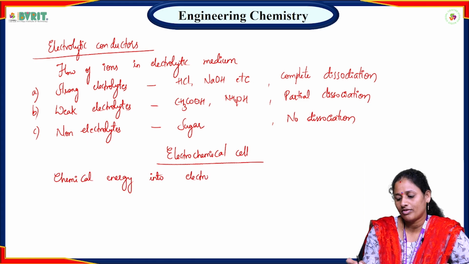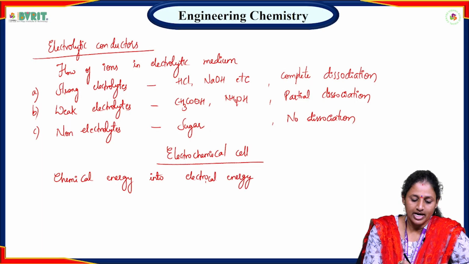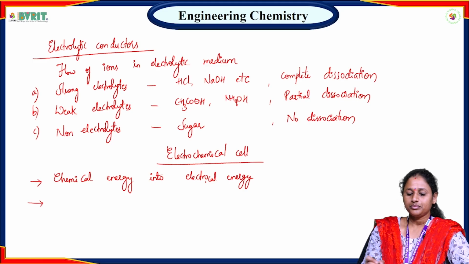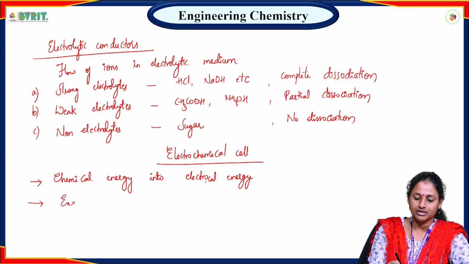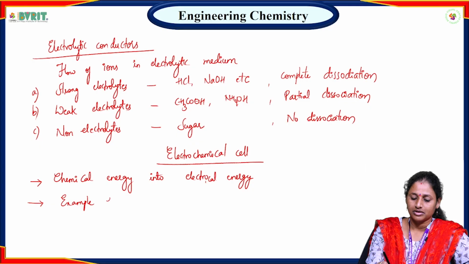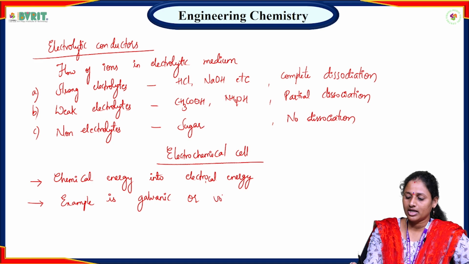So production of electricity takes place in an electrochemical device. So here example of electrochemical cell is galvanic or voltaic or Daniell cell.